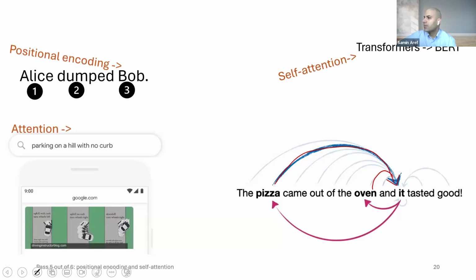This is because there's another word in the sentence, taste, and it does make sense to say pizza tasted good, but it doesn't make sense to say oven tasted good, right?